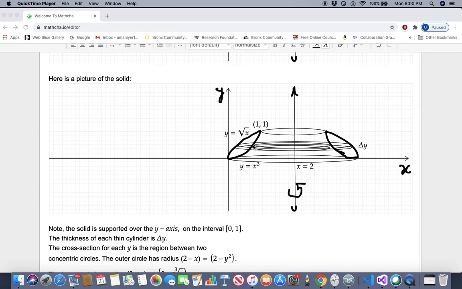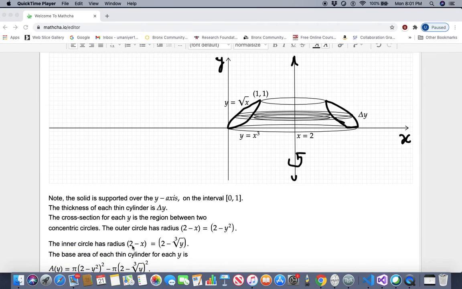What about the inner radius? By the same argument, the entire distance from the line x equals 2 to the y-axis is 2. I need to take away the x coordinate of the inner curve. So from 2, take away the x coordinate of the inner curve. The inner curve is y equals x cube, so x is cube root of y.